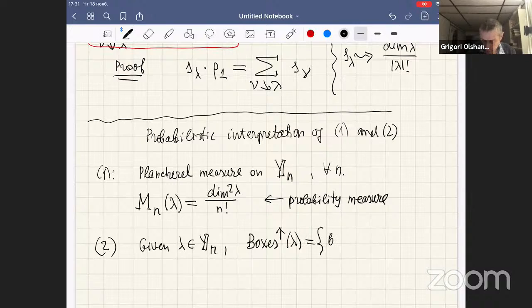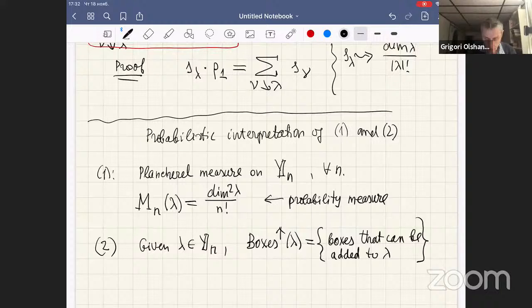These are the boxes that can be appended or added to lambda. So there are finitely many boxes which we can add, and this is the set.